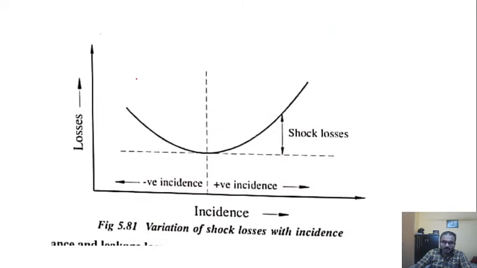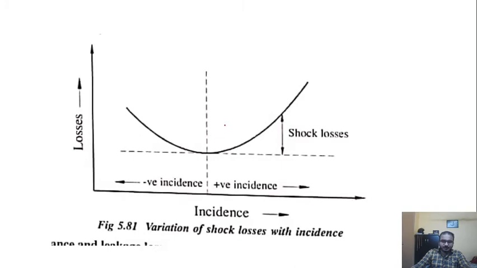Now we will see the variation in shock losses with incidence. This vertical dotted line is the line with zero incidence, which is having the minimum loss.